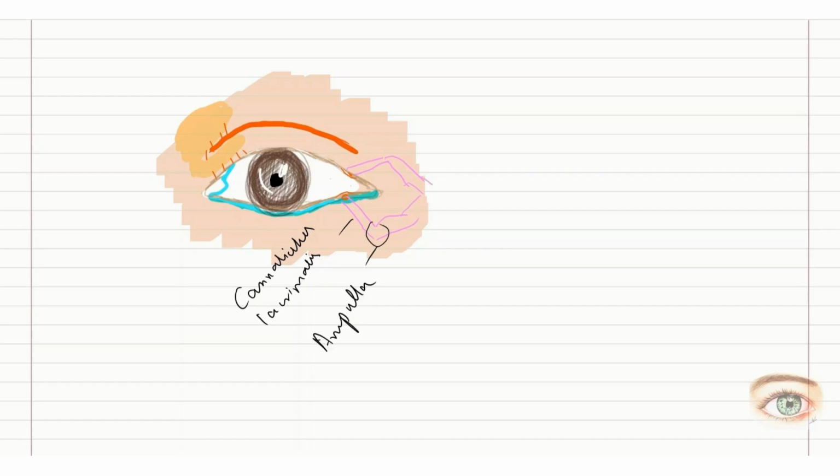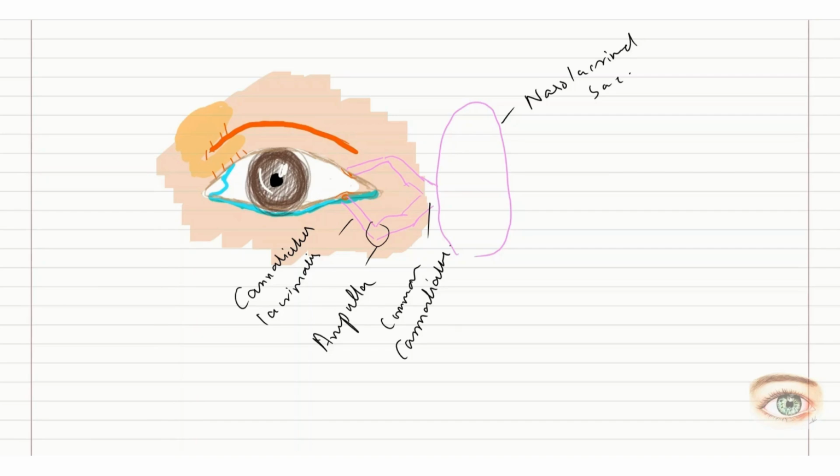The canaliculi of both the upper and lower lid will meet at a point called the common canaliculus, and these canaliculi will now enter a sac, which is known as the nasolacrimal sac.